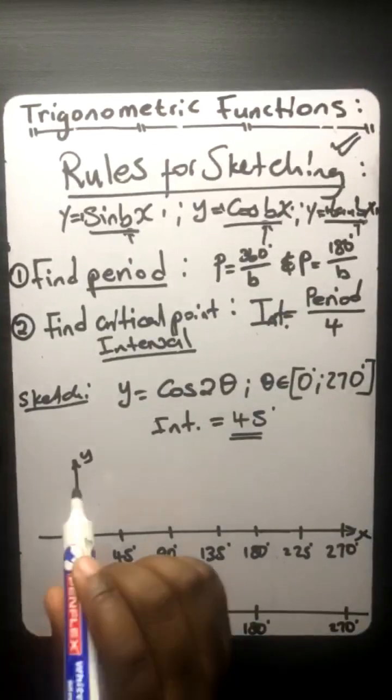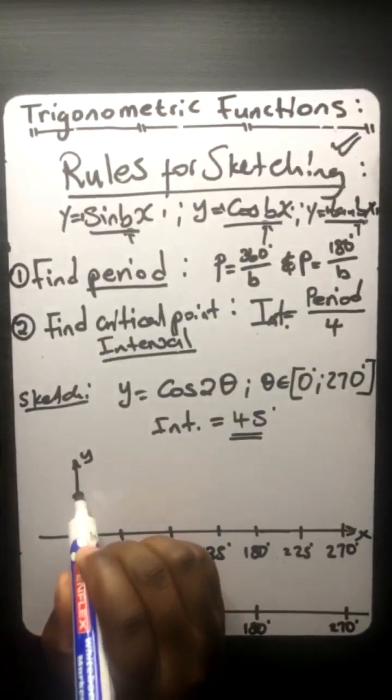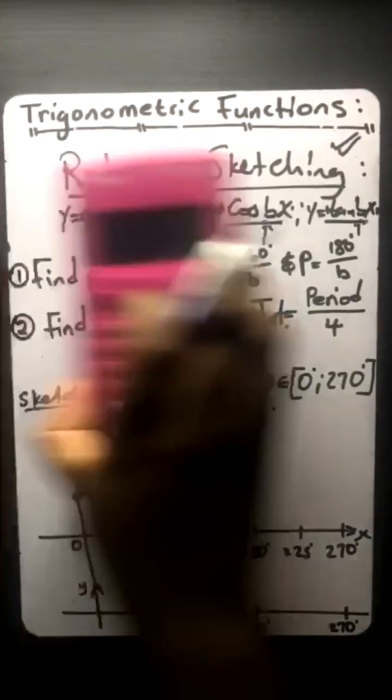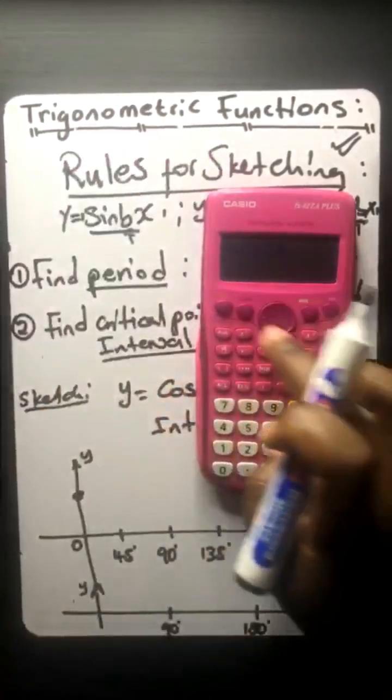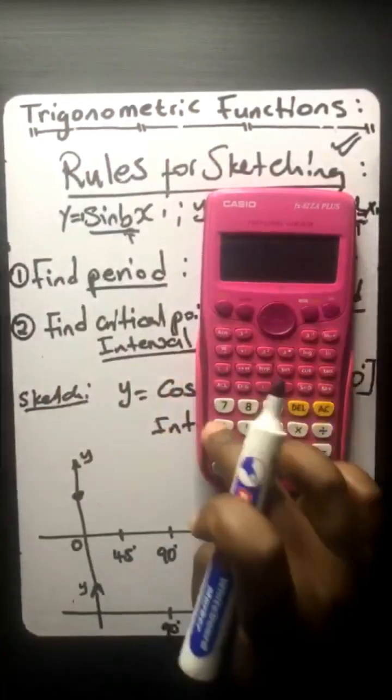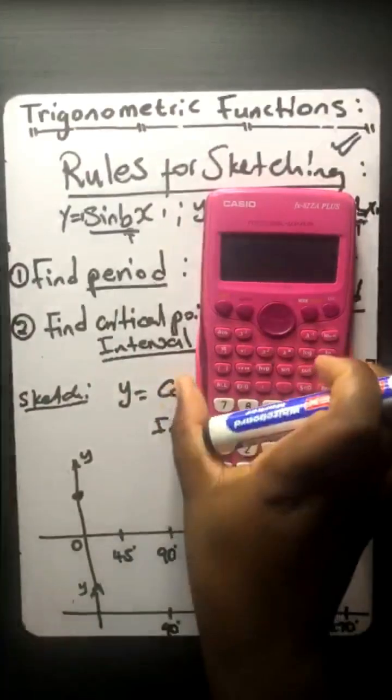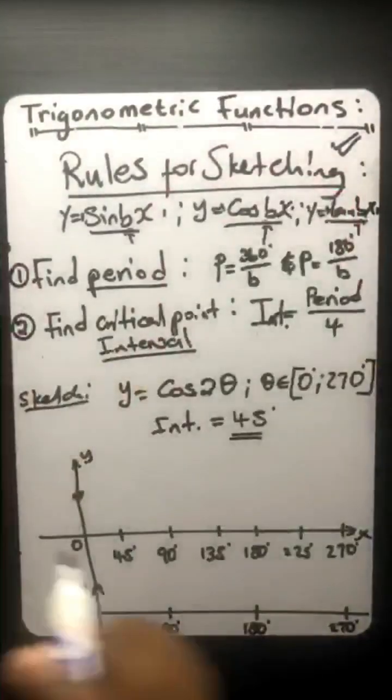Okay, me, I'm getting 0. I'm now going to move on to the next point, which is 45. For 45, I'm getting 0. What are you guys getting?